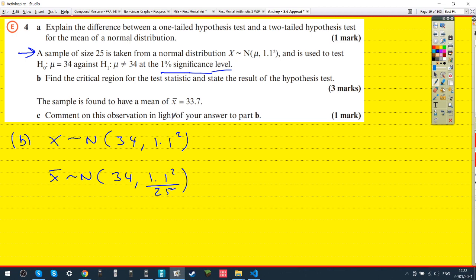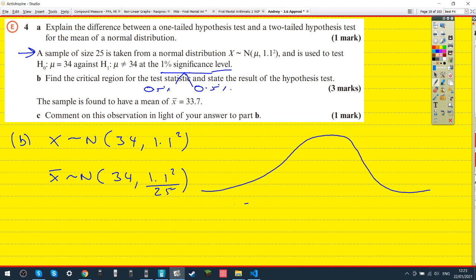Any idea about that? So for other ones, it's usually say like greater than or less than, like maybe the mean went up or the mean went down. In this, it's not equal to, and so we have to split it into bottom half and top half. And so 0.5% for the bottom half, 0.5% for the top half.